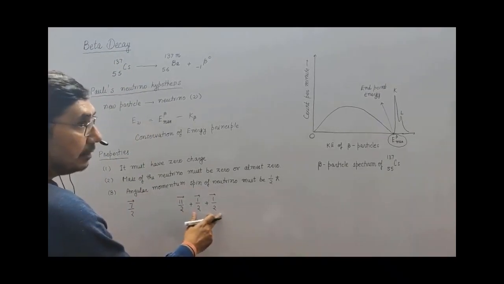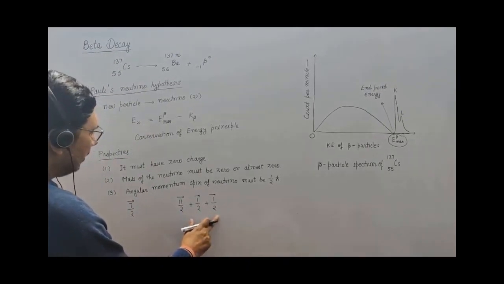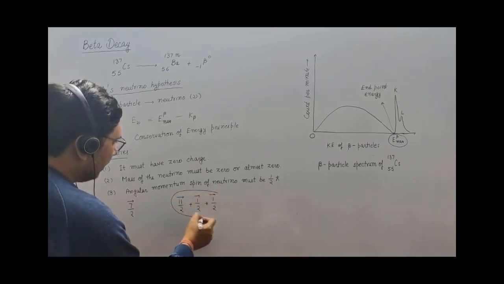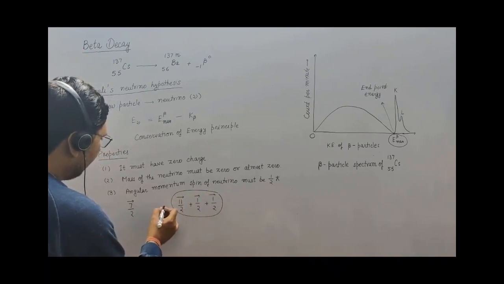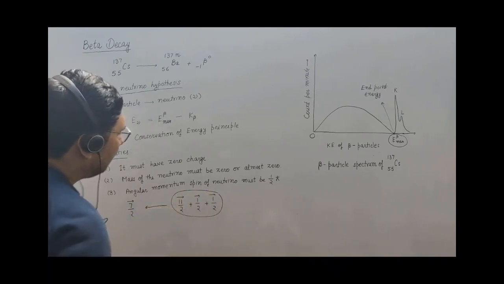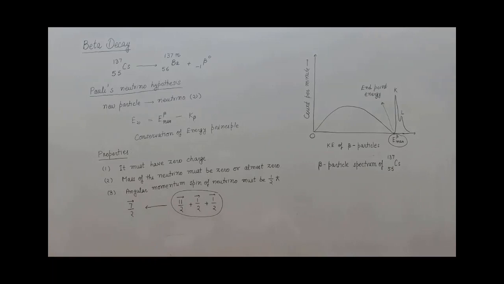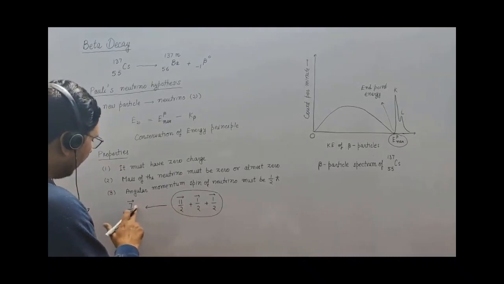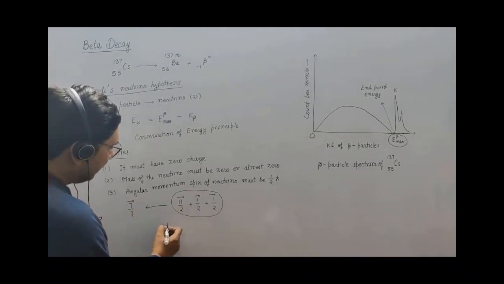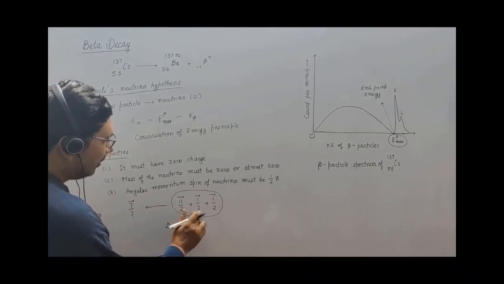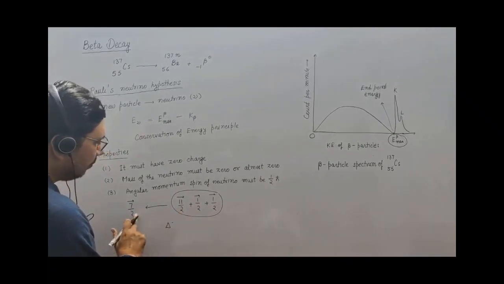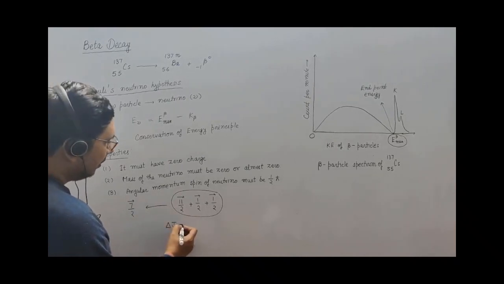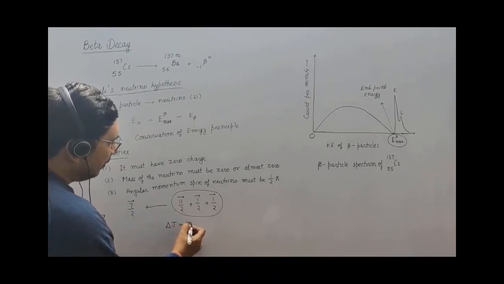If we combine these three, one can achieve this 7/2 spin. In other words, the difference between the two J values, whatever spin we get on this side and whatever spin we get on the other side, should be an integer.